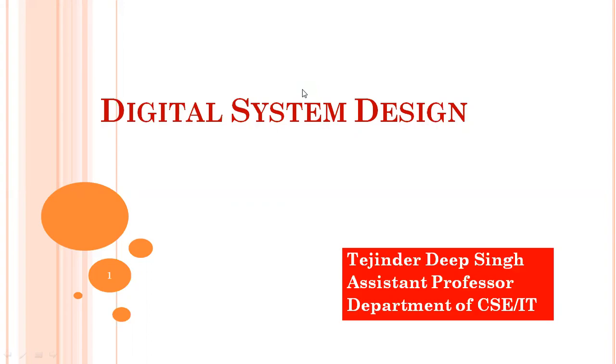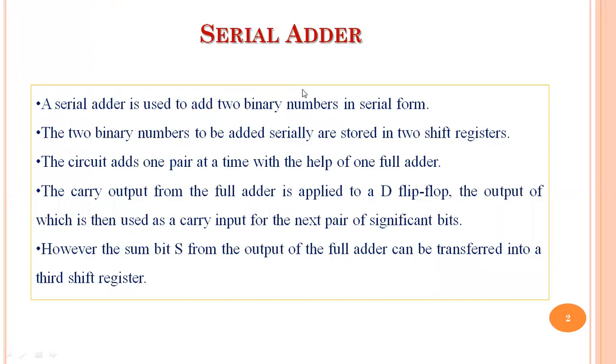Next is serial adder and parallel adder. So let's discuss it. A serial adder is used to add two binary numbers in serial form. Means one operation is performed, then its output will be supplied to the next operation.